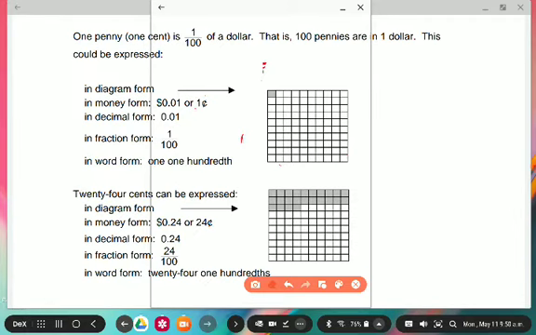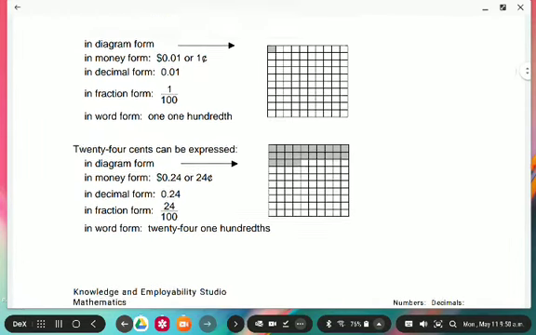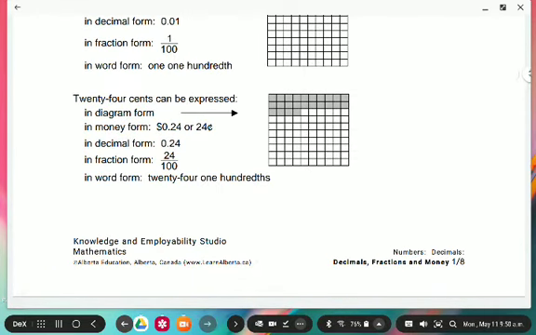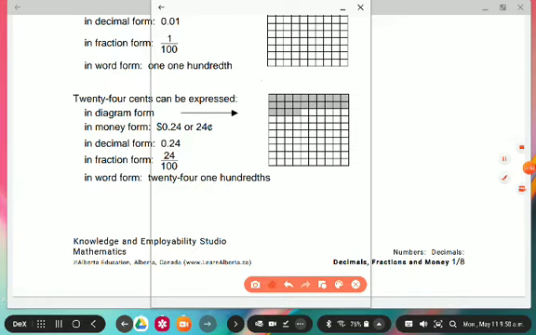Okay, so we've got another example just right below it we are going to look at, which is 24 cents. When we have 24 cents, how can that be seen in diagram form, money form, decimal form, fraction form, and word form?